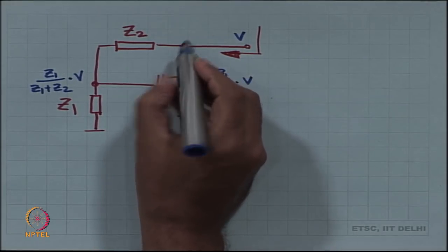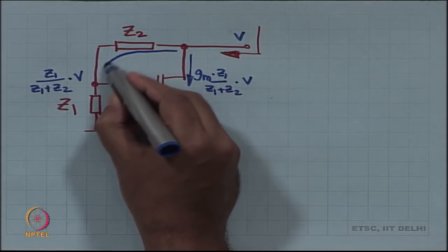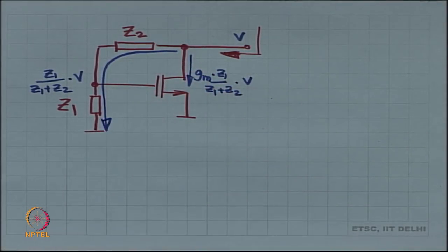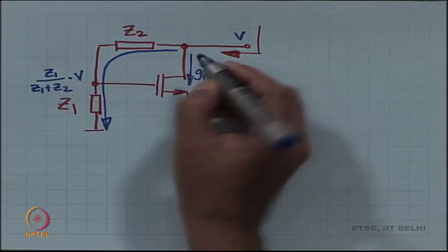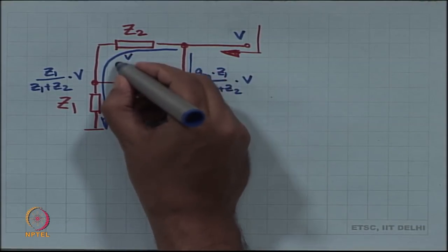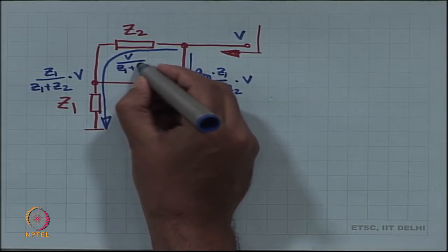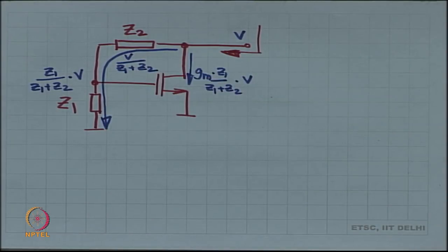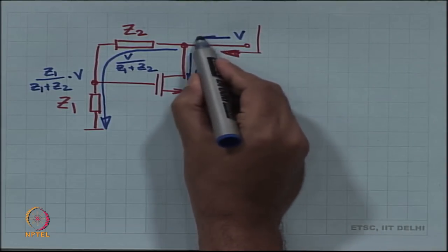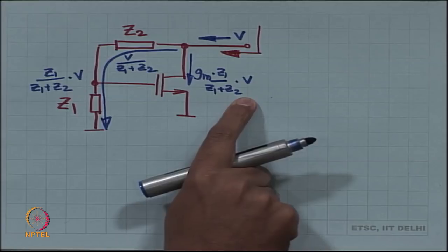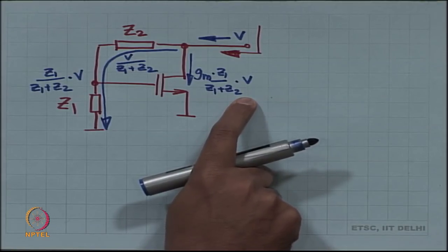There is also one more path now for current. Current also flows this way. Okay. The current this way is V divided by Z1 plus Z2. All right. So, the net current that comes in from outside is the sum of these two currents. Fine.